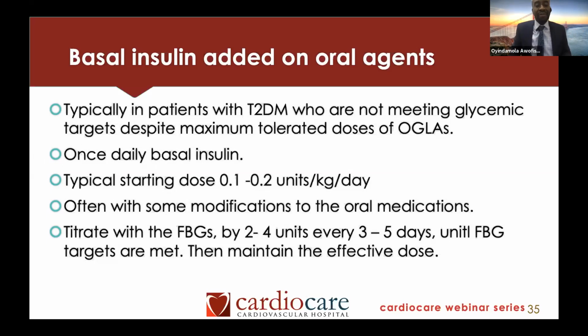But oftentimes the sulfonylurea is stopped or the dose is reduced. Sometimes we continue it, okay, but we should be careful to monitor the postprandial glucose if any insulin secretagogue is still being used with the basal insulin, okay?